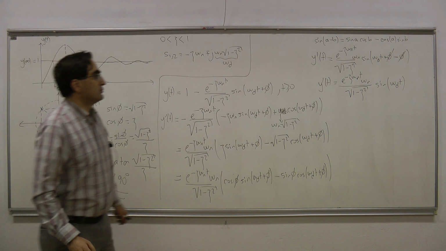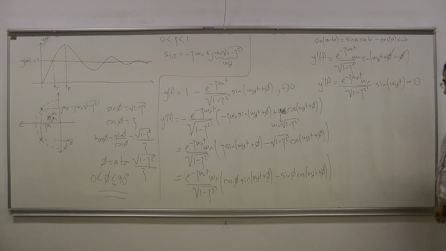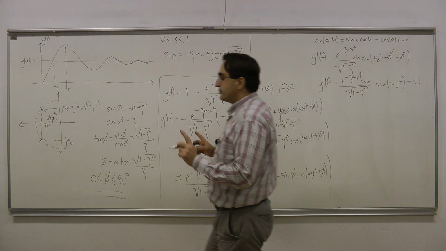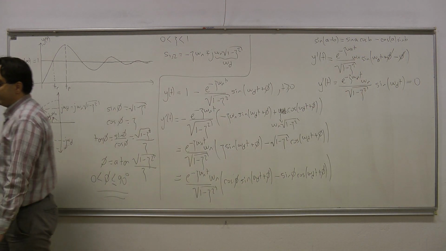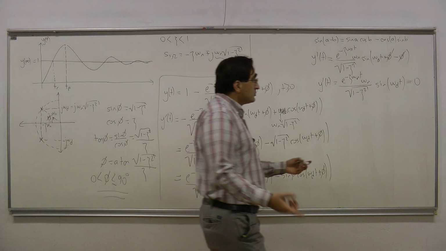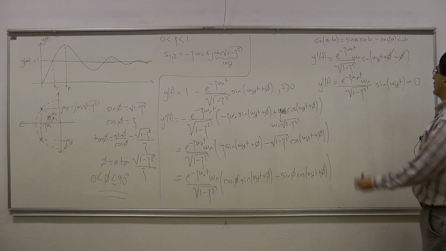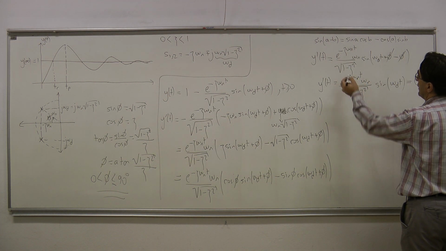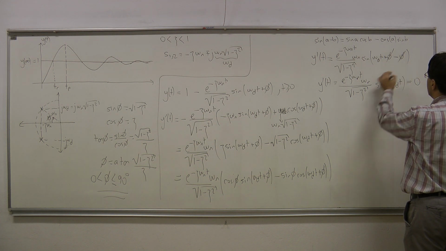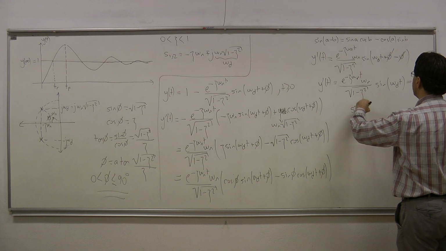Now what I have to do is equate this derivative to 0. Then I have to find the solution of this equation, and I need to find the smallest solution. Here I see that these parameters are all non-zero, so the only possibility for this equation to be satisfied is sine omega d t.